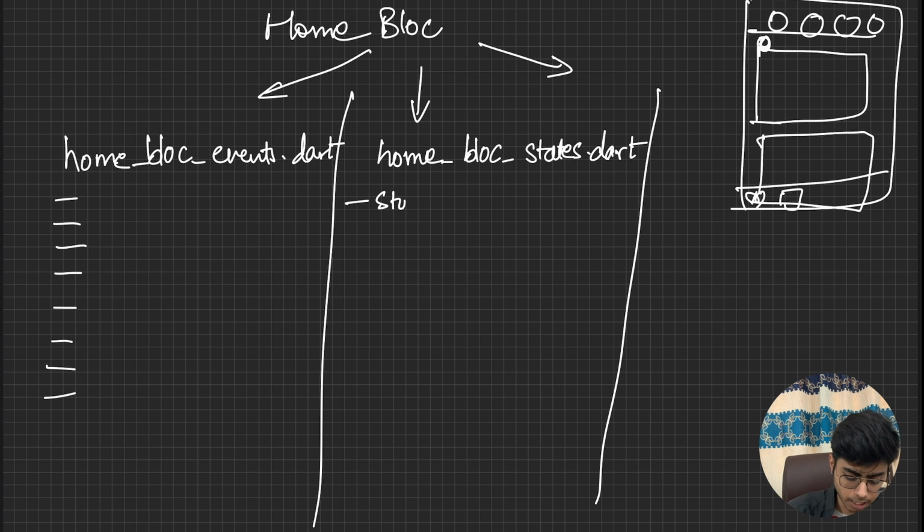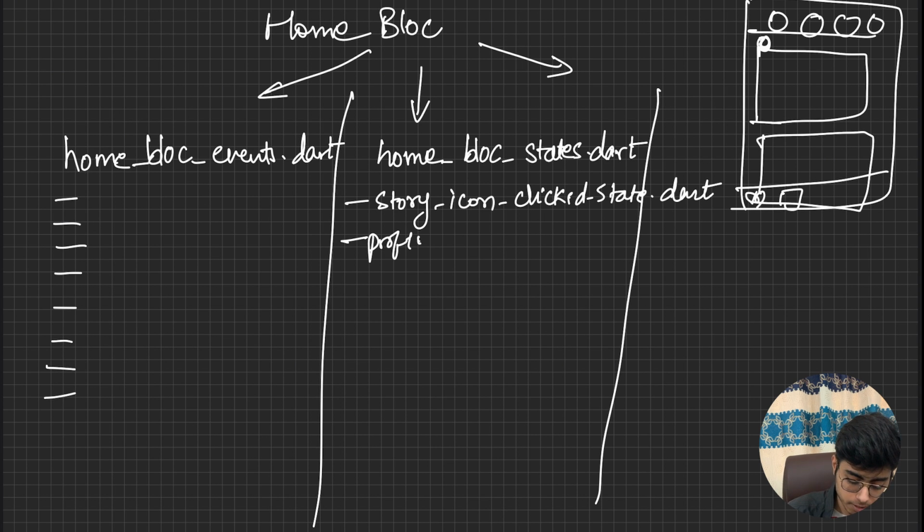One state can be story icon clicked state dart, right? Another can be profile DP clicked state dart.